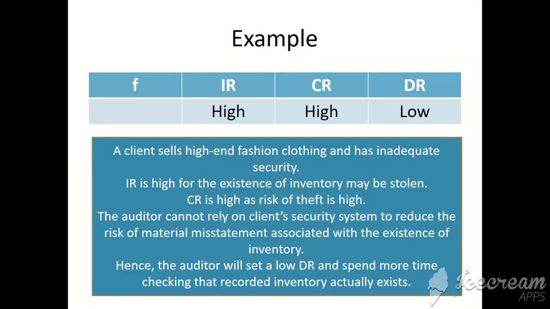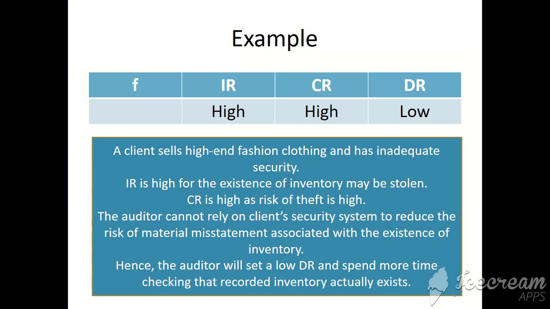Take a look at the second example. The client sells high-end fashion clothing. Take note of the keyword high-end fashion clothing and has inadequate security. The IR is set to be high in this case because of inadequate security. The inventory of the clothing may be stolen.